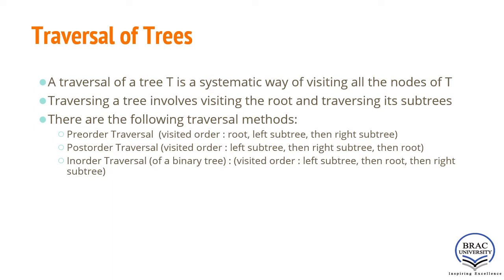In-order traversal of a binary tree means the root will be in the middle. So at first the visited order will be the left subtree. After the visiting of the left subtree is done, it will visit the root, and after visiting the root, it will then visit the right subtree.